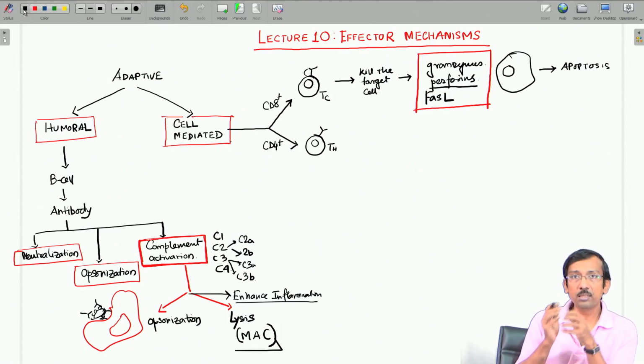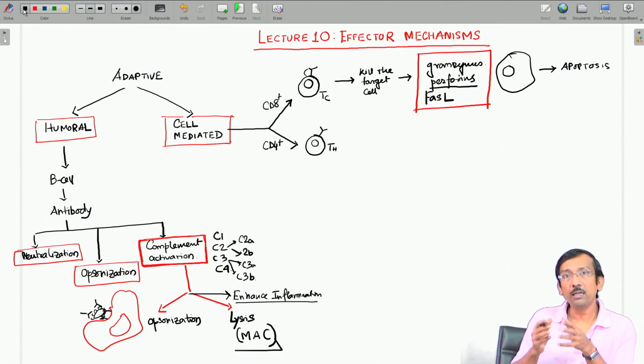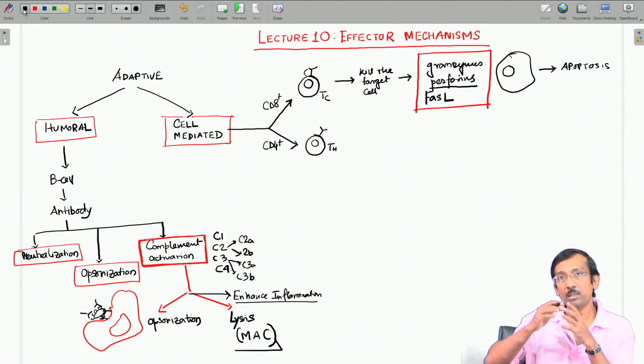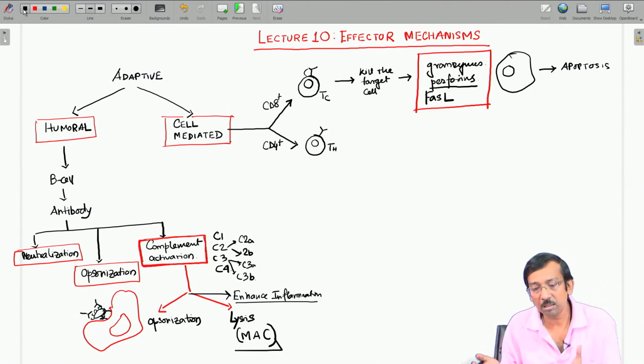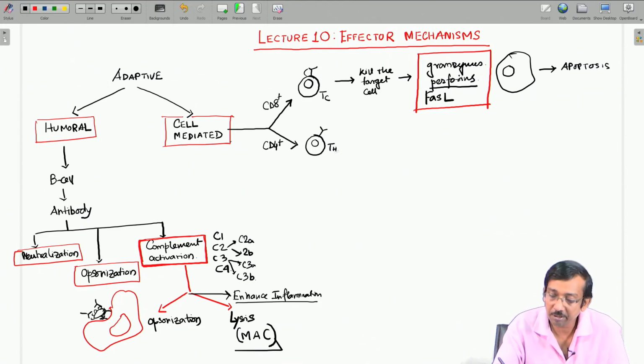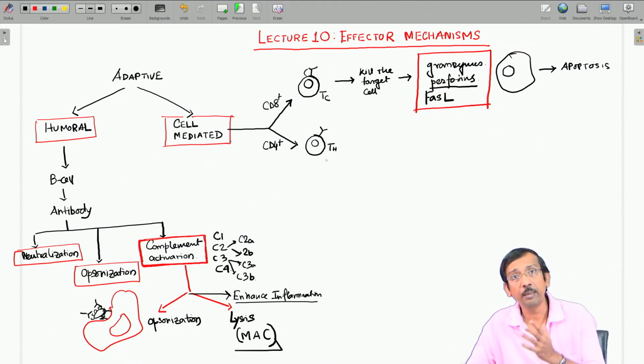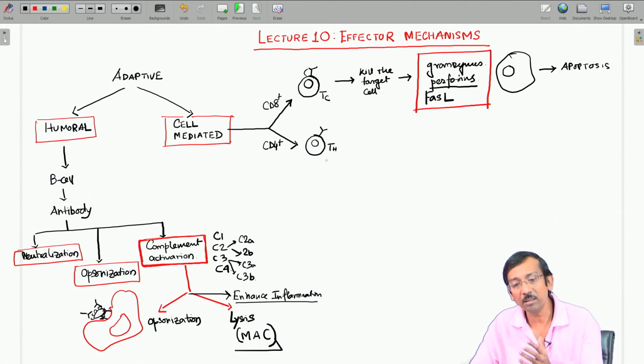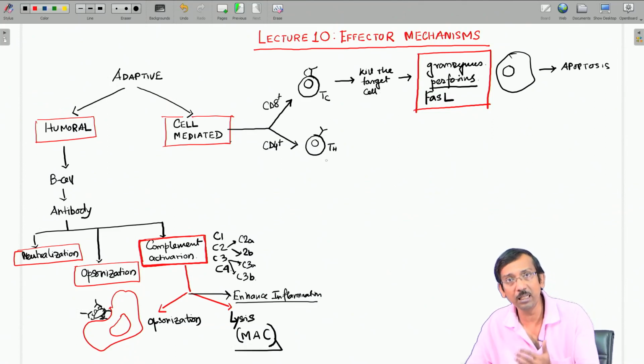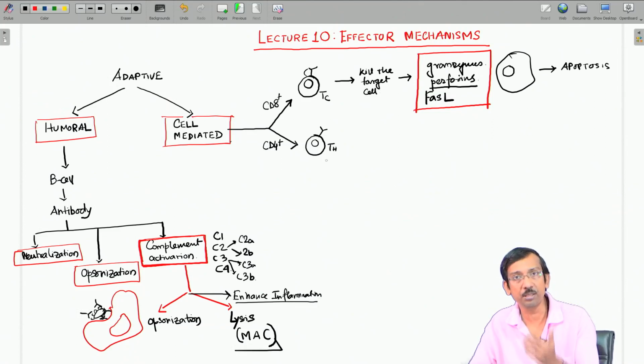When the CD4 plus cells interact with class 2 MHC molecules bearing the foreign peptides, the CD4 plus cells tend to differentiate into certain T cell subtypes. Either they become memory cells or they become effector cells. The effector cells are the ones who will be directly present at the battlefront.